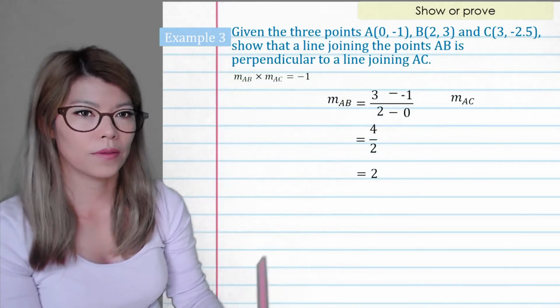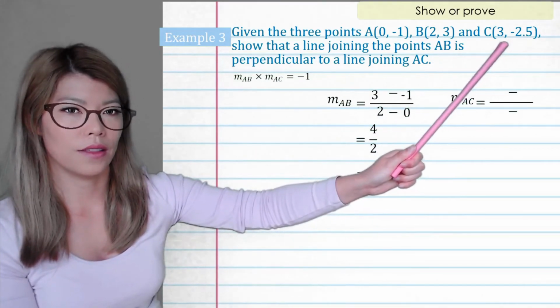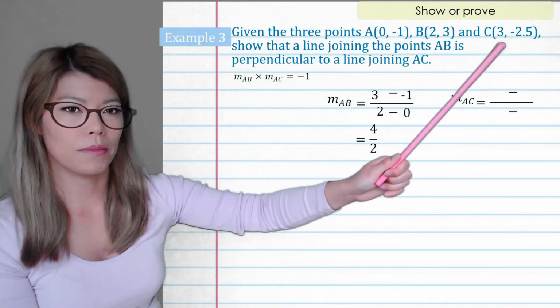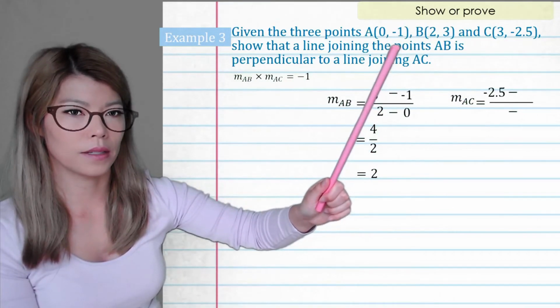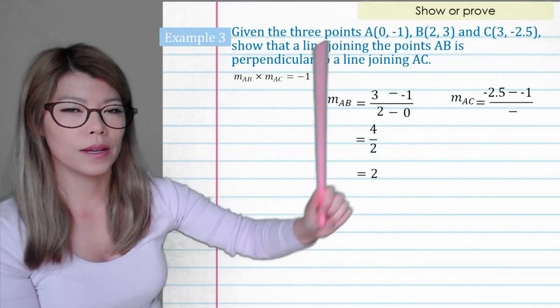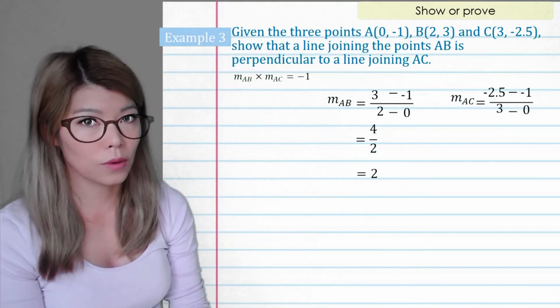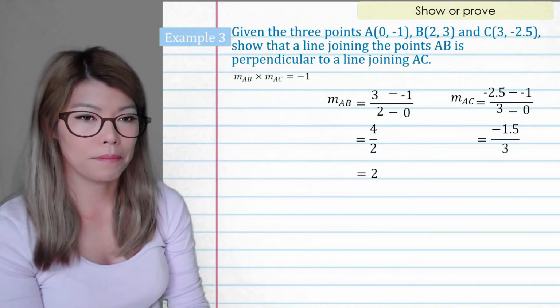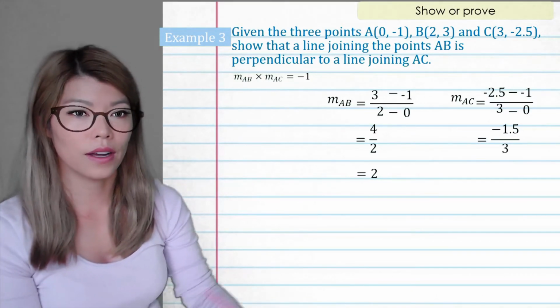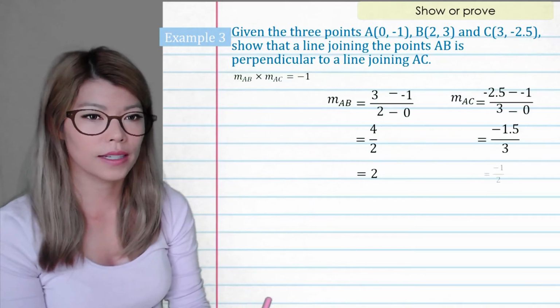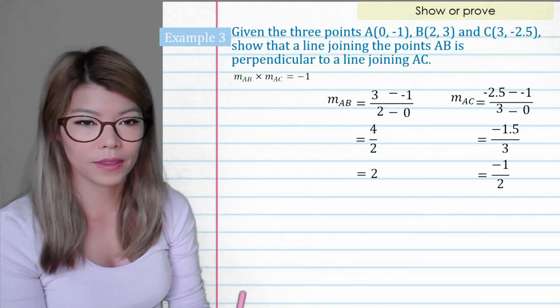That is those values over there: minus 2.5 minus -1 over 3 minus 0. Minus 2.5 minus -1, which is plus 1, is minus 1.5 over 3. And so we get -1/2.